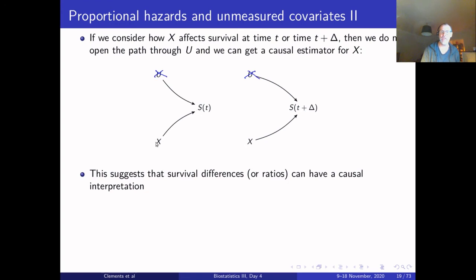We could just look at the effect from X on survival at this time, or X on survival at this time. So this suggests that survival differences or ratios can have a nice causal interpretation, provided that there are no unmeasured confounders.